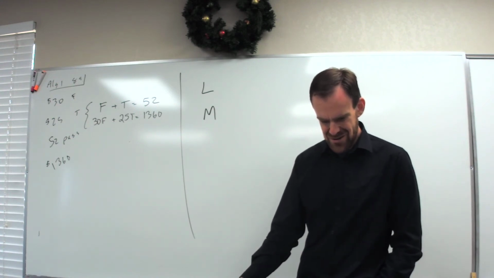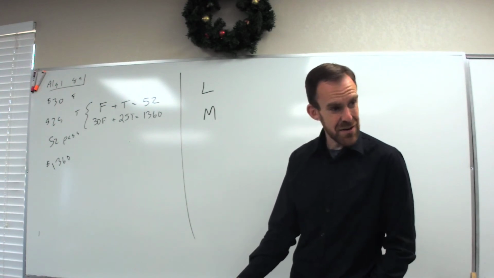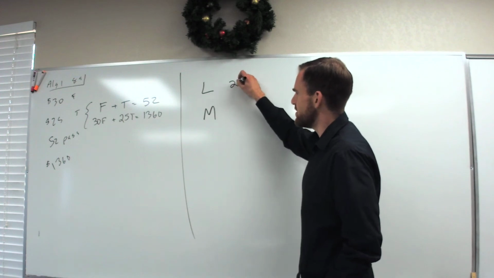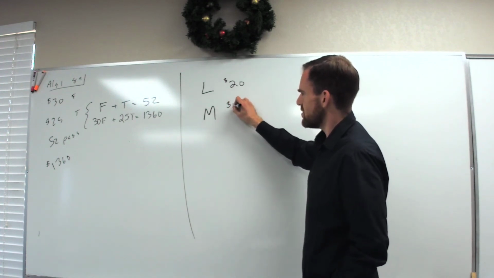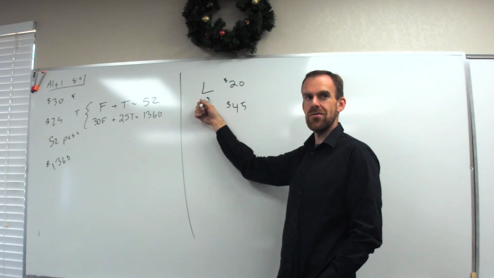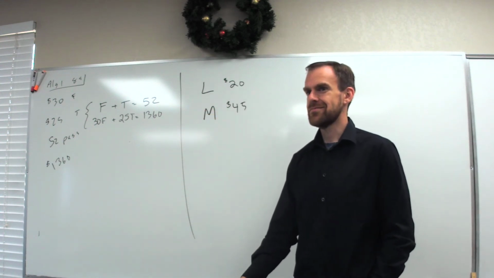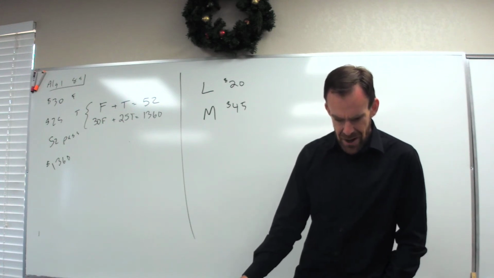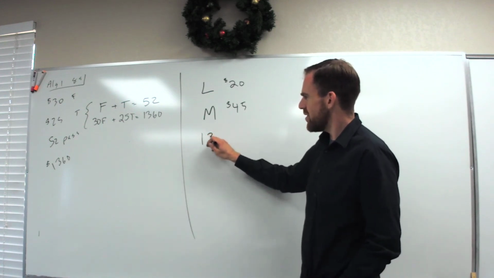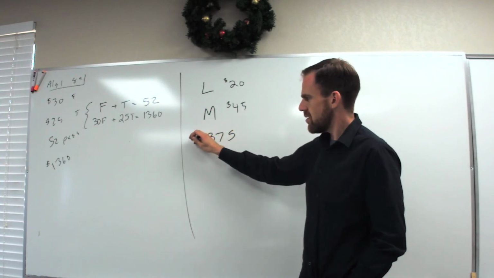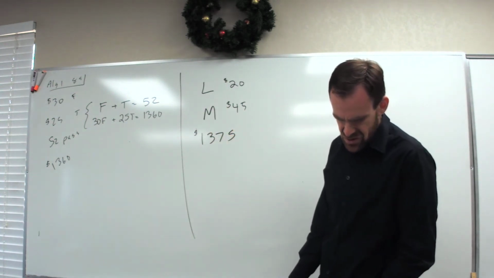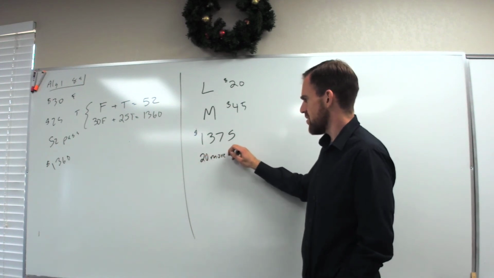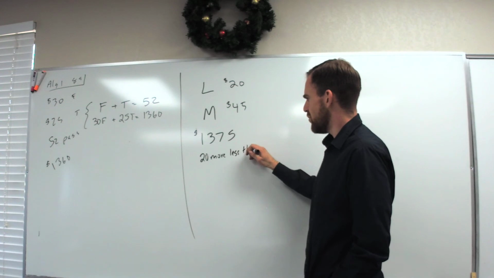Watasha's dress shop sold less expensive dresses for $20 and more expensive dresses for $45. I'll call them L and M for less and more. The shop took in $1,375 and sold 20 more less expensive dresses than more expensive.